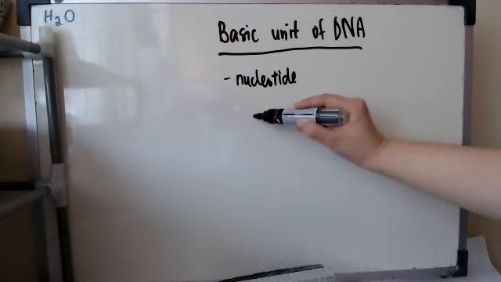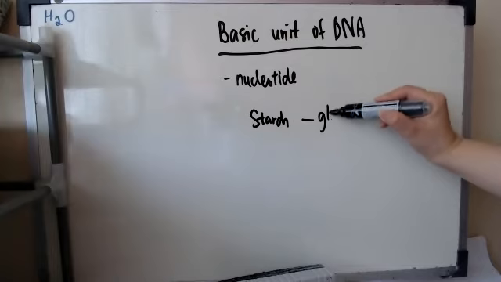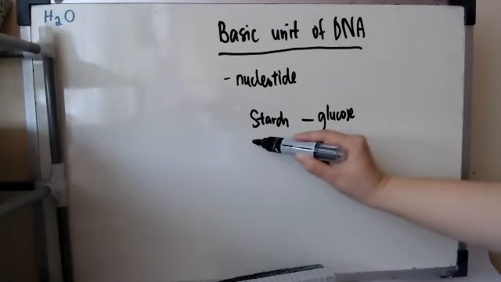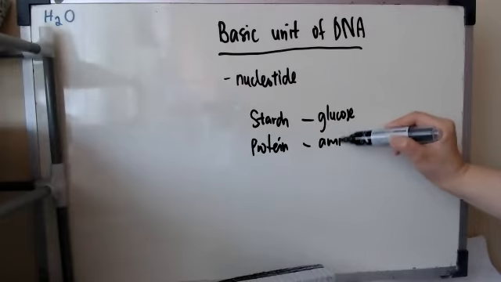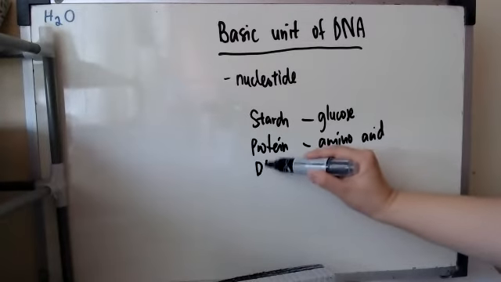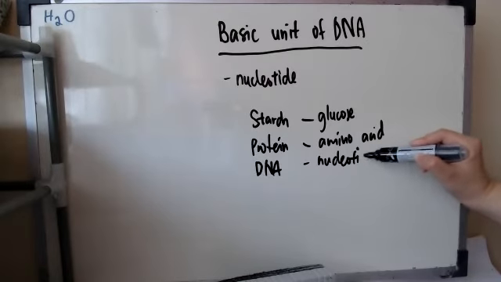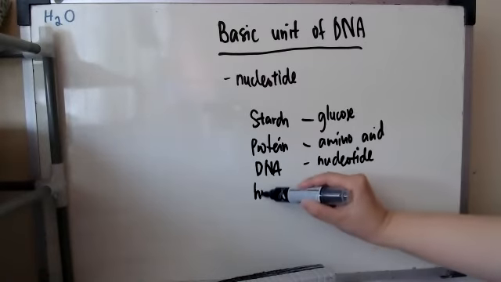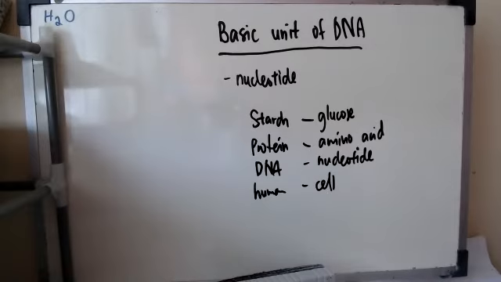Just like the basic unit of starch is glucose, the simplest form. The basic unit of protein is amino acid. The basic unit of DNA is nucleotide. The basic unit of a human will be the cell.